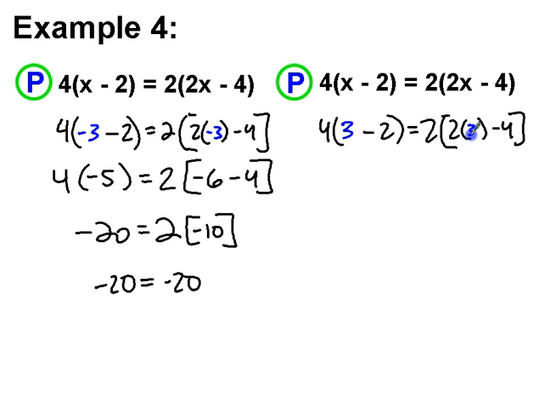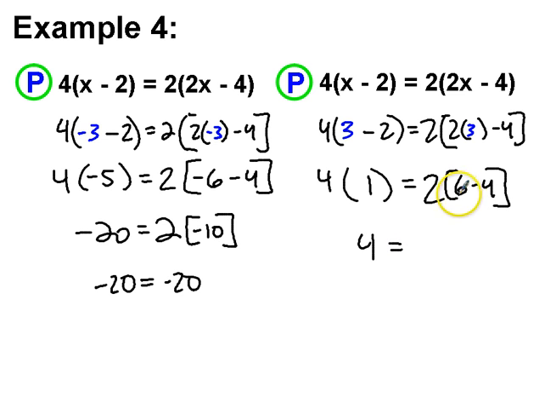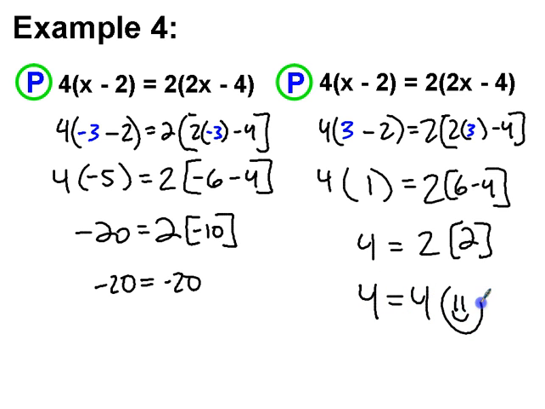So let's put that in there, and we go through and evaluate. 4 times, 3 take away 2 would be 1. 2 times the quantity, 2 times 3 would be 6, minus 4. 4 times 1 would give me 4. 6 take away 4 would give me 2. Oddly enough, I got the same thing there too, which proved it was true.